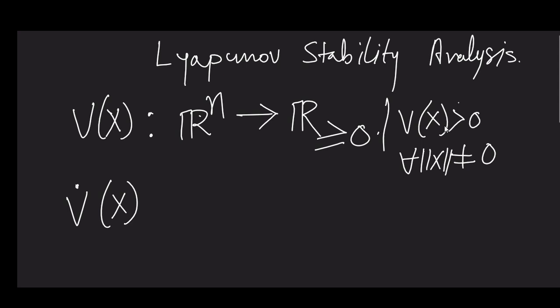The answer is no, because V(x) is only a function of x. However, x being a function of t due to the state transition, V(x) is implicitly dependent on t, explicitly dependent on x.